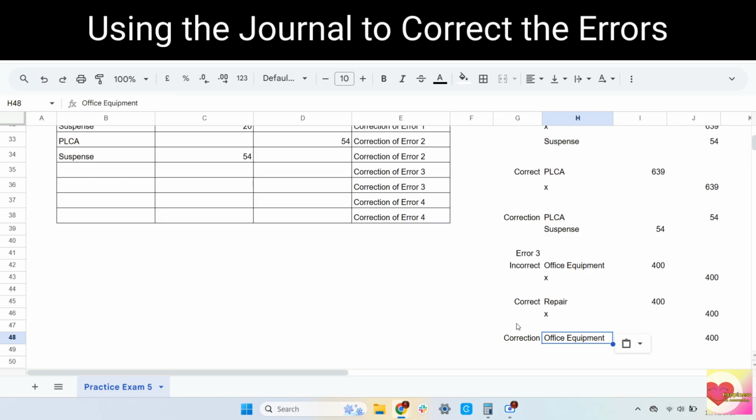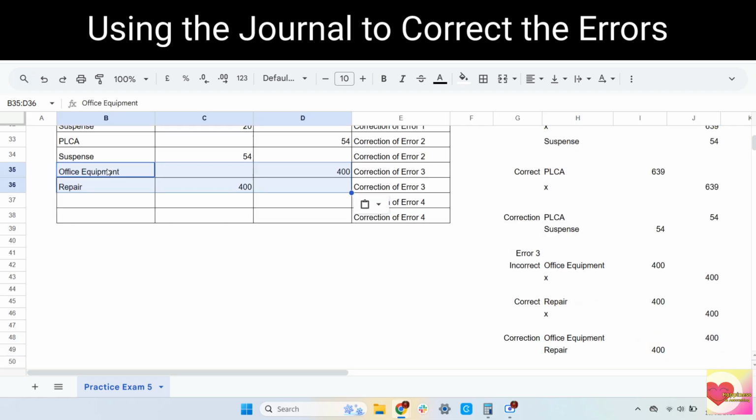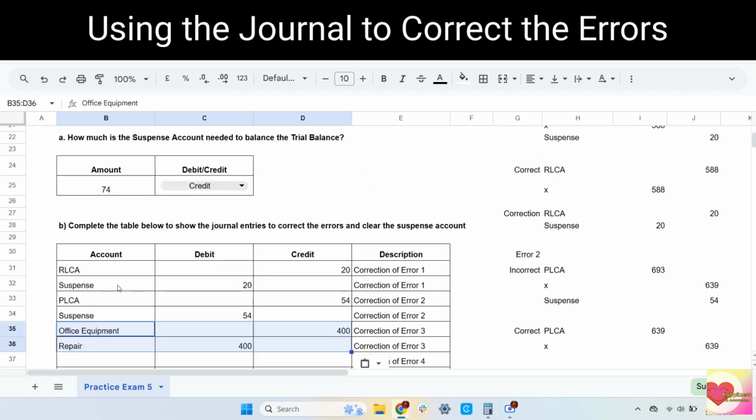Next, the repair, 400 in debit, is the correct entry, but it's not entered yet, so we have to put it to our correction. Then let's transfer them to our journal. Next, let's move on to the fourth and last error.